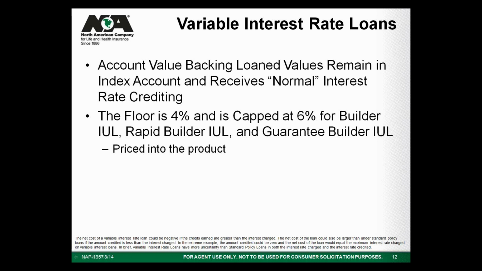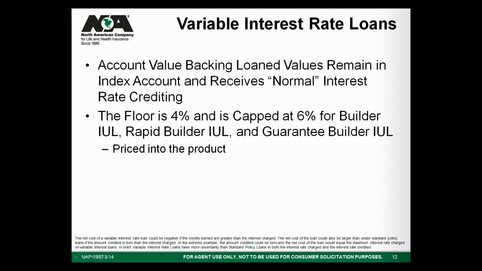Well, some companies are using current variable loan rates when they're running illustrations and you're taking loans out, but they may not have a cap, or it may be 8-10% on the variable loan.